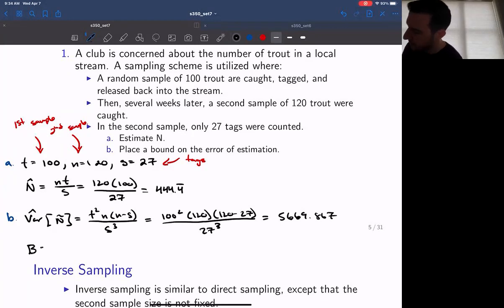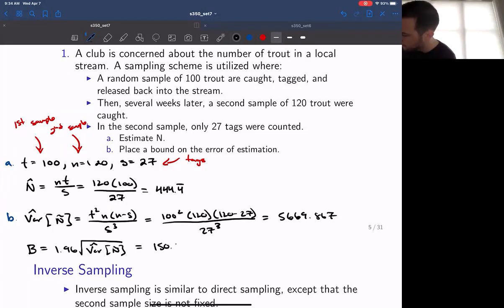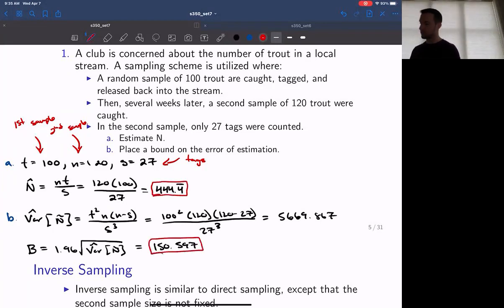So the bound will be 1.96 multiplied by the square root of our estimate of the variance, which is 150.597. So in this case, we're essentially saying that there are somewhere between 295 and 595 trout in this local stream. It's a pretty big range.